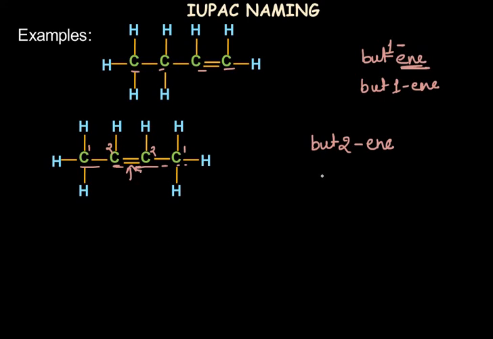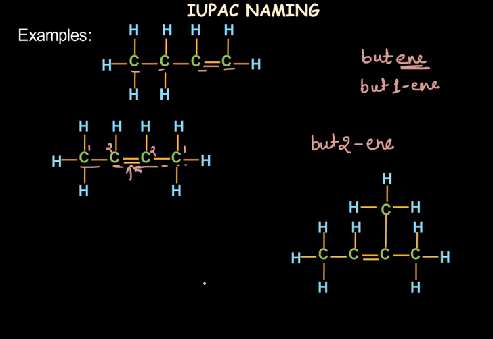So but-1-ene and but-2-ene, the only difference is that the position of the double bond is different. Another example here, again an ene, butene. The longest carbon chain is this way with 4 carbon atoms, or if we go the other way, then also there are 4 carbon atoms. So let's go straight. 4 carbon atoms carrying the double bond. So here again butene is there, and the second carbon atom carries the double bond.